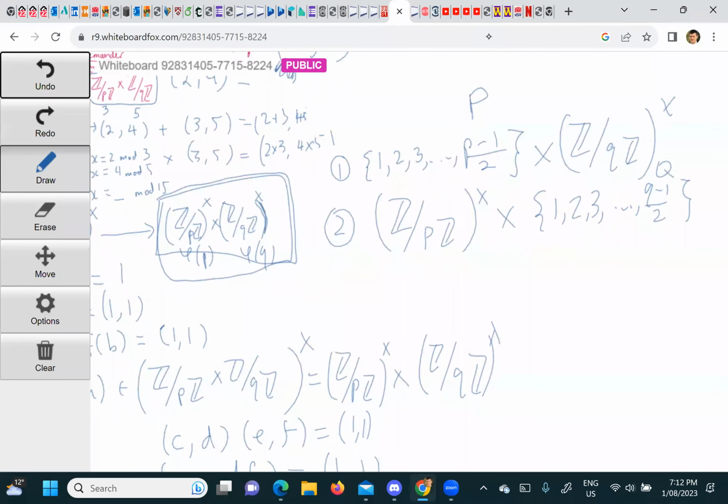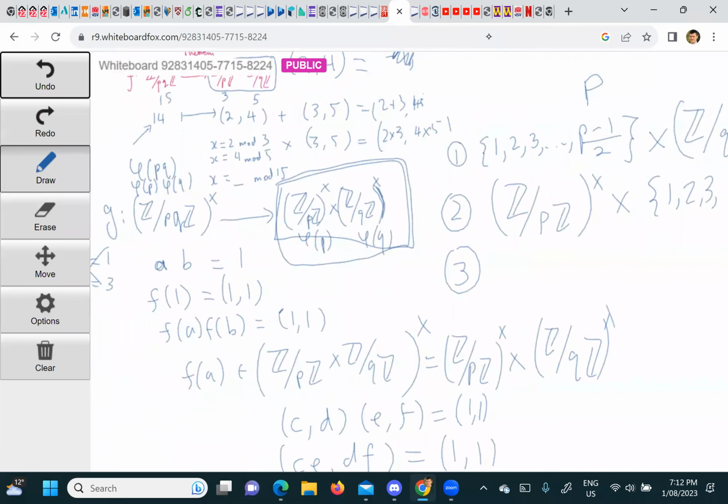The third is, we're taking half of this set here, and then importing it to this side using the function.